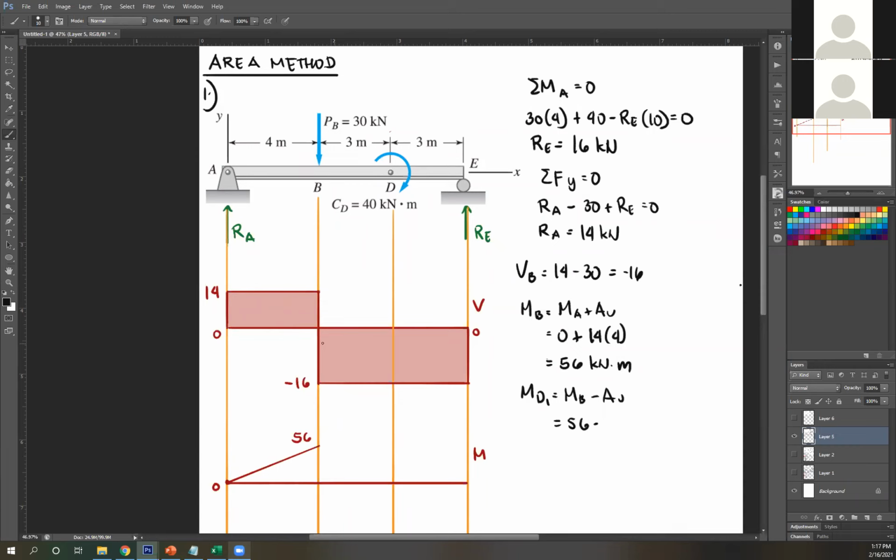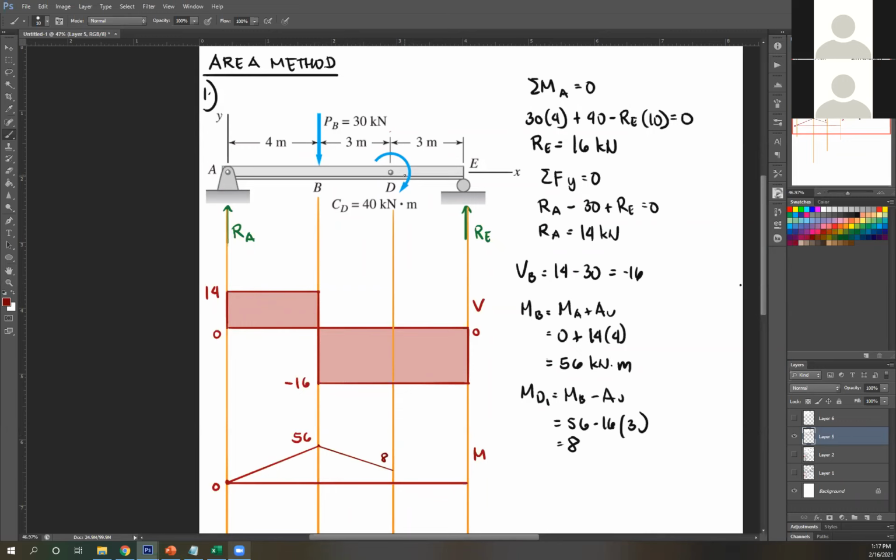So 56 minus area of this, which is 16 times length of this, it's 3. So 56 minus 16 times 3, that's 8. Therefore, when you draw this, again, negative area, so you go downward to 8. So now this is 8.